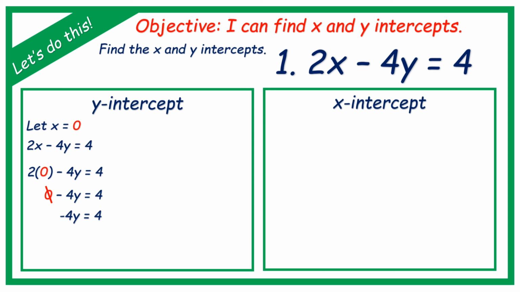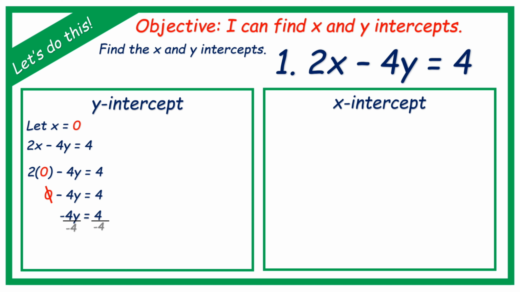Then the next thing you're going to do is isolate the variable y. How? By removing any number near the variable. The variable here is the letter y. Simply divide by negative 4. Always remember, when you divide on the left side, you also do that on the right side. The equal sign separates the left side and the right side.